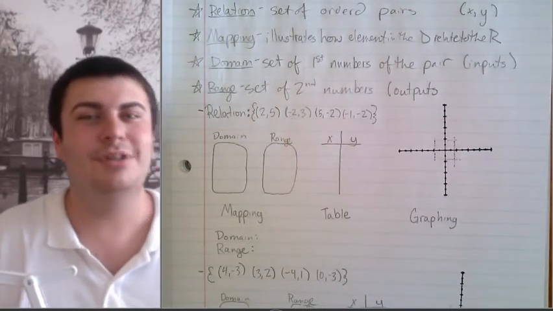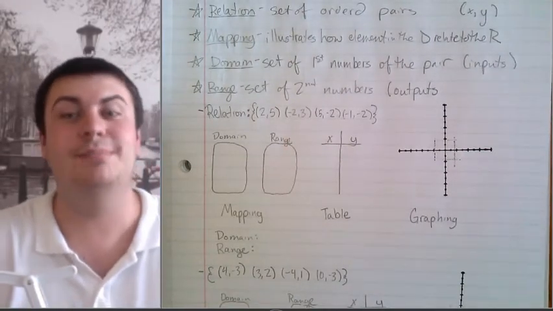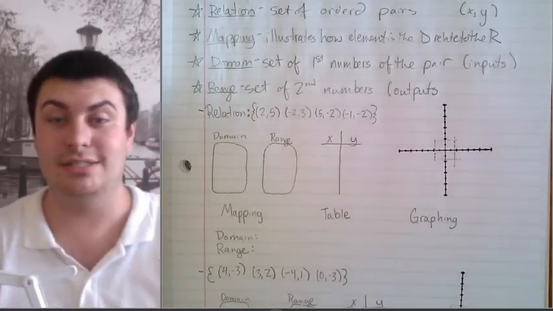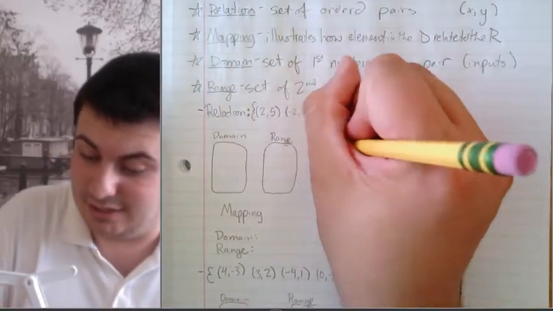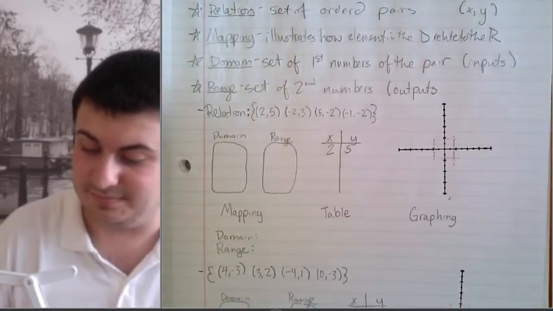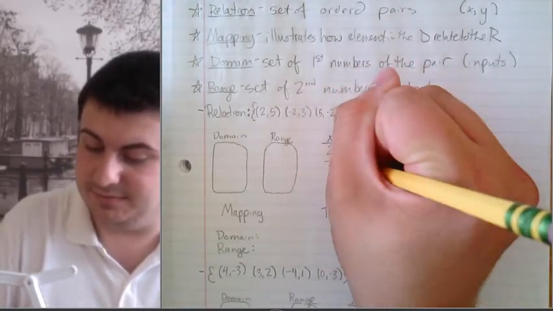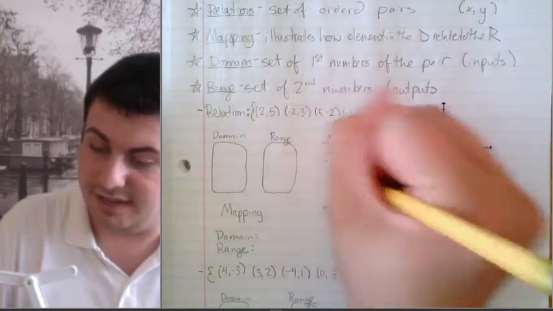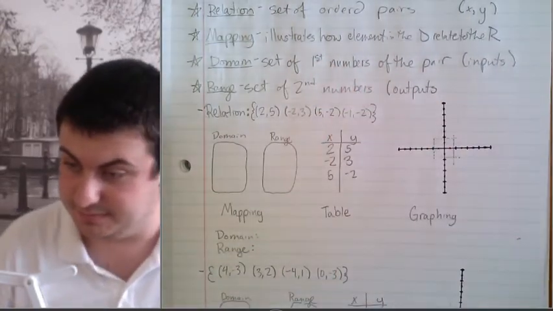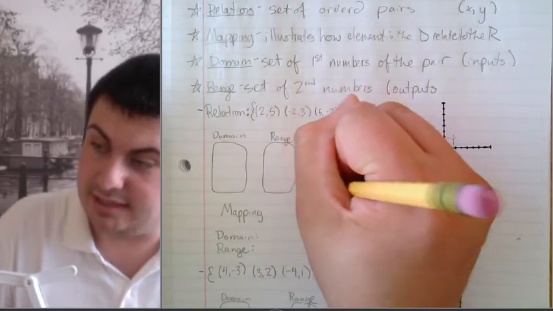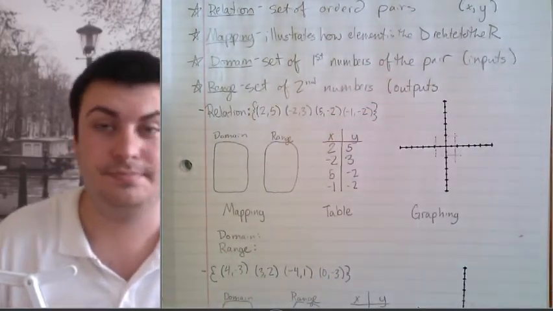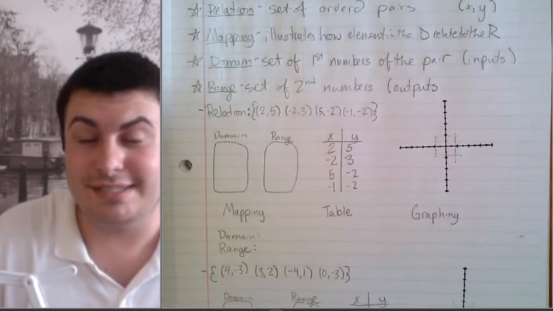So the table, we take each of these ordered pairs and put them in a row, with the x's in the x column and the y's in the y column. So we put this in a table.